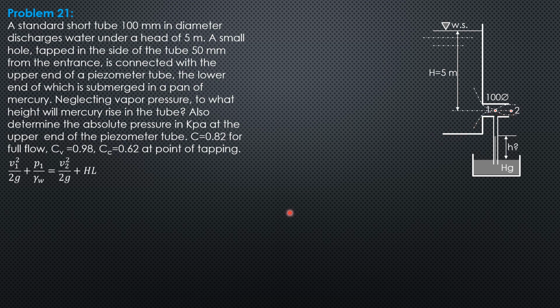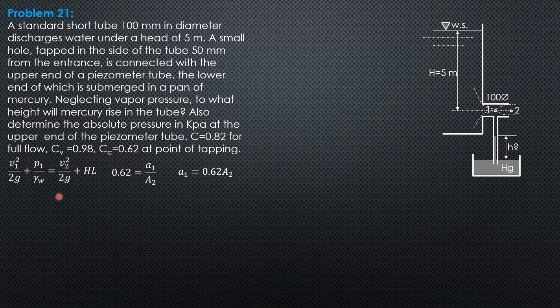The coefficient of contraction 0.62 is area 1 at the point of tapping over area 2, or area of the orifice, or this short tube here. So that means area 1 is 0.62 of area 2.